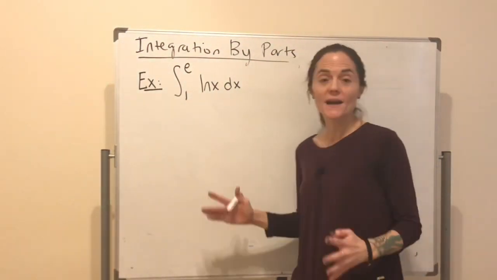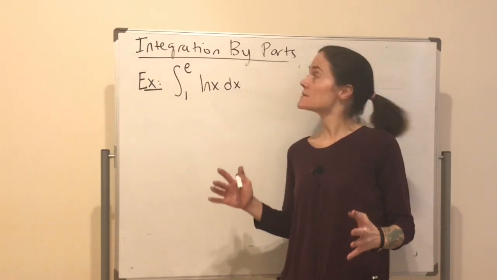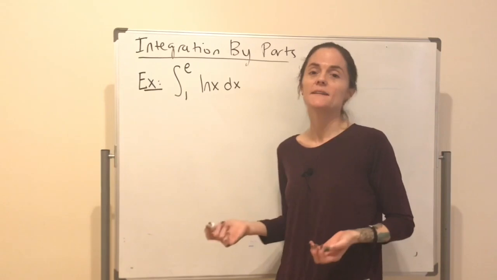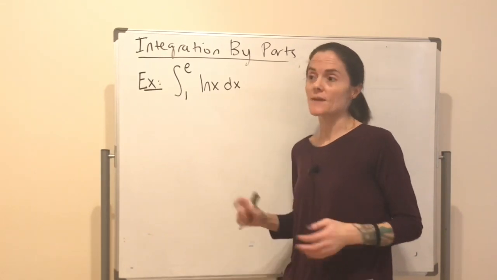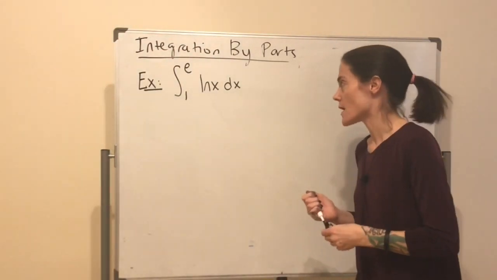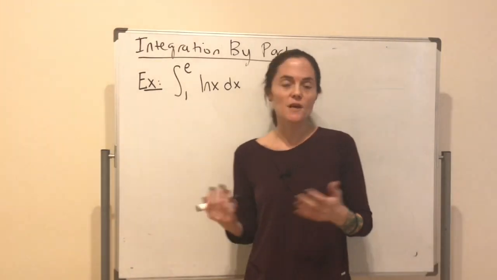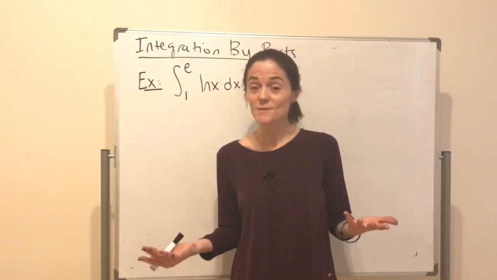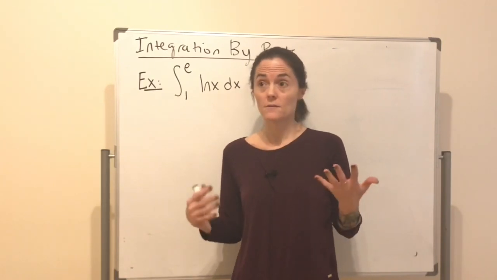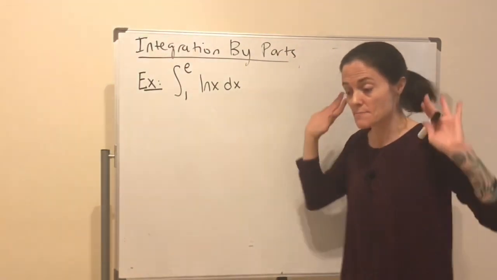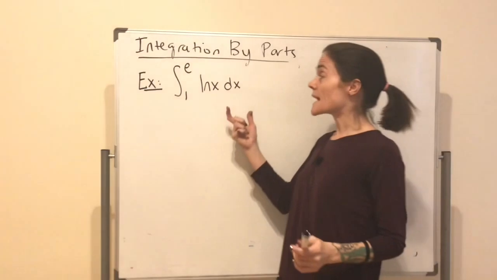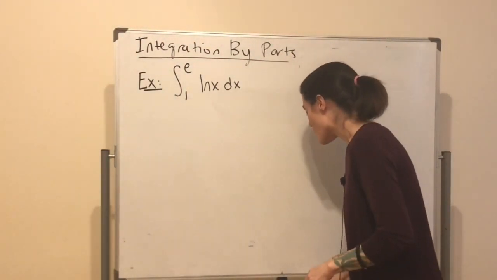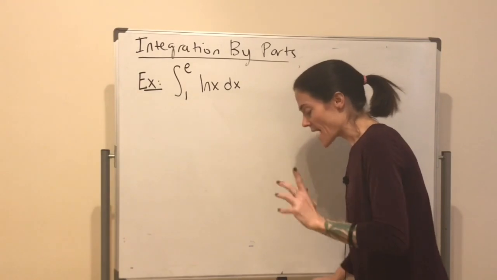I don't see a product, and you mentioned by parts and product rule going hand in hand. This one's a little bit deceiving because you don't see a product, but ask yourself, do you know an antiderivative for natural log? I don't. It's not one of the ones that I just keep memorized in my head. Certainly I know the derivative of natural log, but not an antiderivative. So this one, in fact, is by parts.